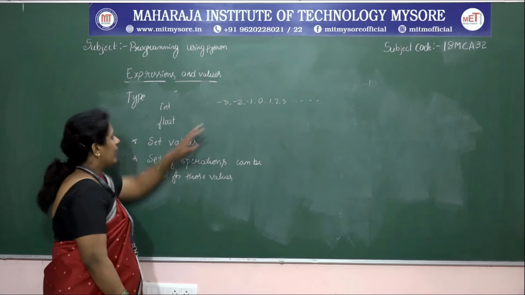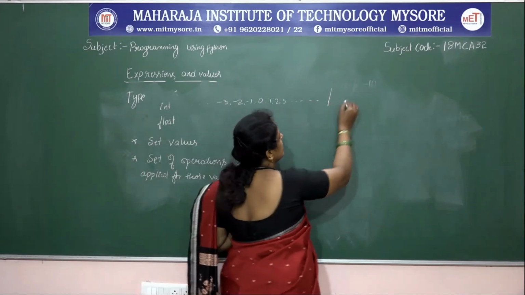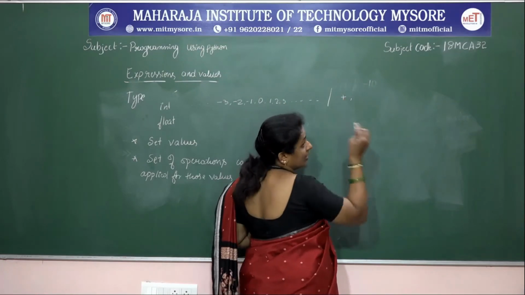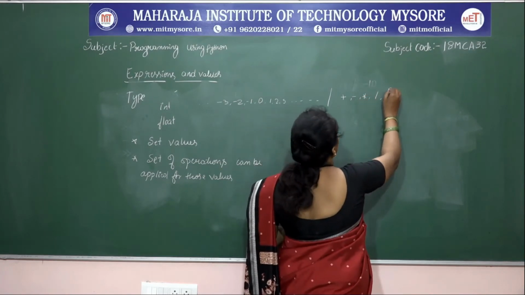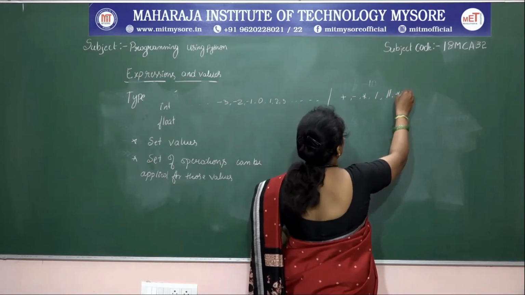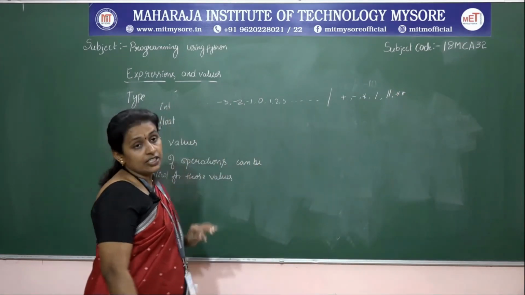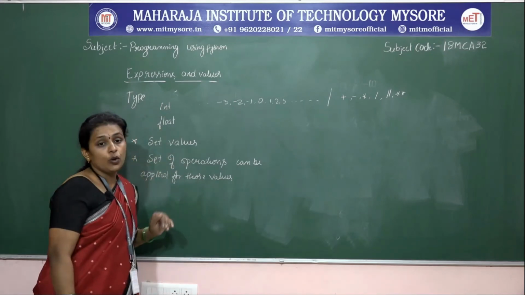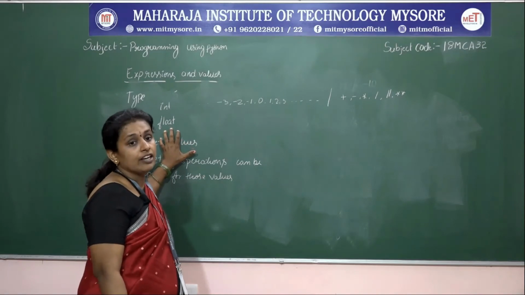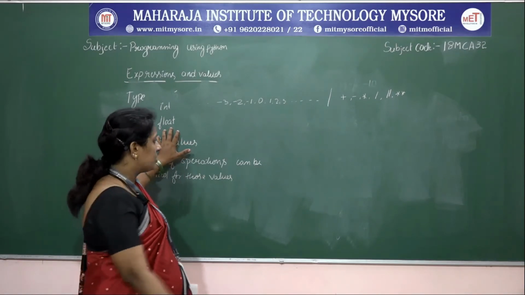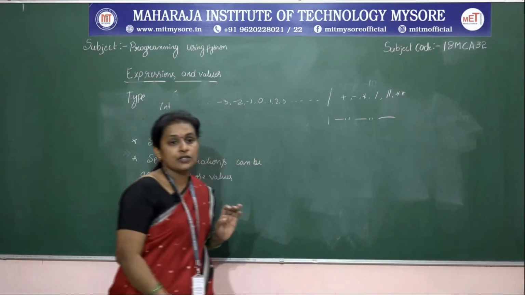The operations that can be performed on integers are all the usual arithmetic operations: plus, minus, multiplication, division, integer division and power operations. With respect to float, these are real numbers that we call floating point values, and the same set of operations can be performed on floating point values also. Okay.